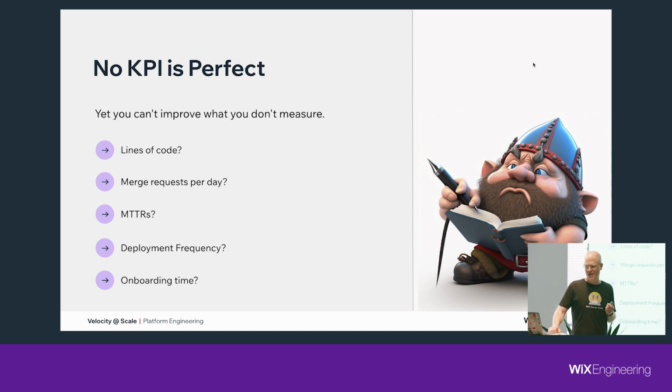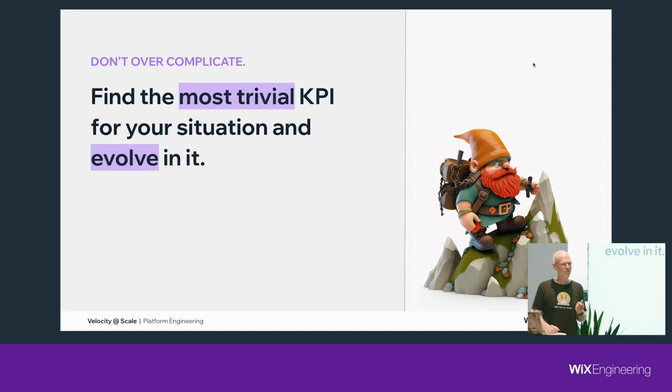And then what we realized is that we need to find the most trivial KPI and evolve inside it until we exhaust it. So we started with lines of code, and we started from 600, and we tried to chop everything, doing it wisely, not sacrificing user experience to the max, right?